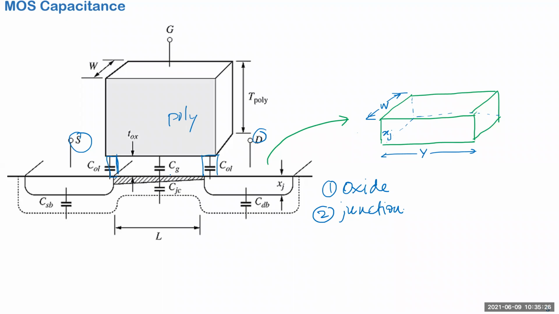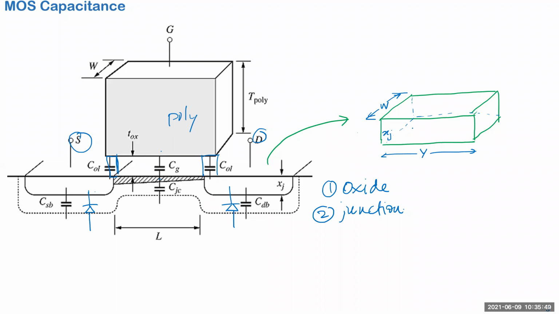They're usually much smaller than the gate cap, which is from poly to the channel, and that is bias dependent, as we showed last time. I'll show the slides again. For the source and drain, these are actually reverse bias diodes. You remember we did a pretty detailed derivation of this cap, and it depends on the area and the sidewall.